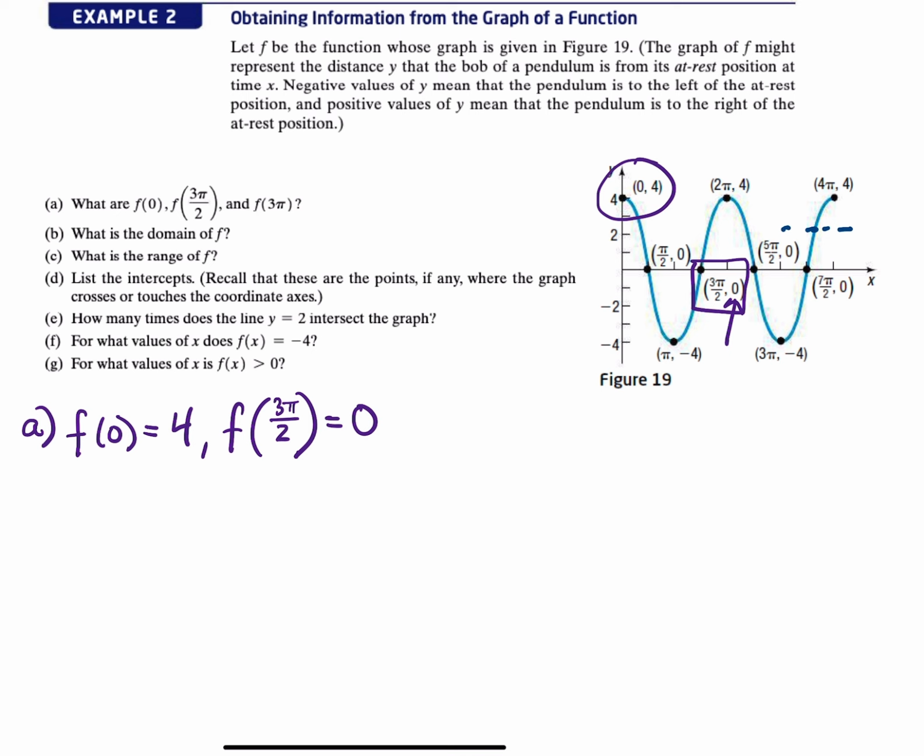And then f of 3 pi. Look at where 3 pi is on the x-axis, it looks like right here, and the output is negative 4. So if you see this kind of notation asking f of some number, it's asking you what is the output given that particular input. So pretty simple.